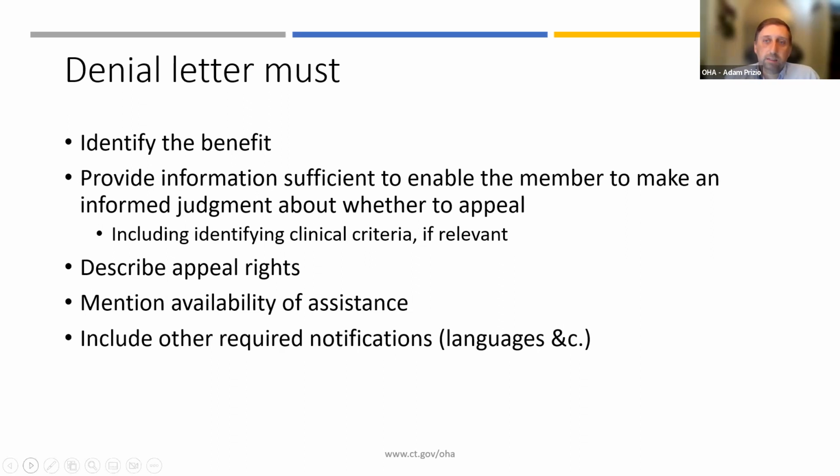Not every state has a consumer assistance program, but if you are lucky enough to live in Connecticut, then your state does, and the letter should mention that. And then they also include other required notifications, things like language access for people who don't speak English or don't read English and require a notification in another language. Next slide, please.